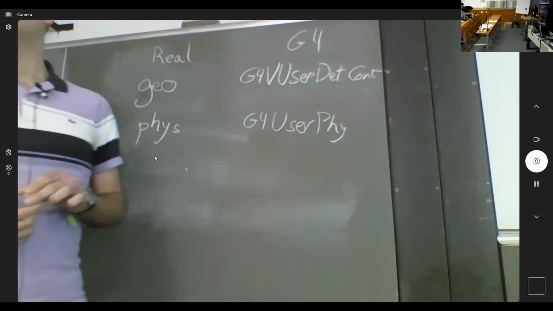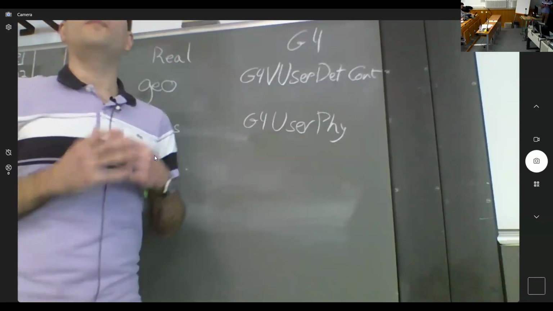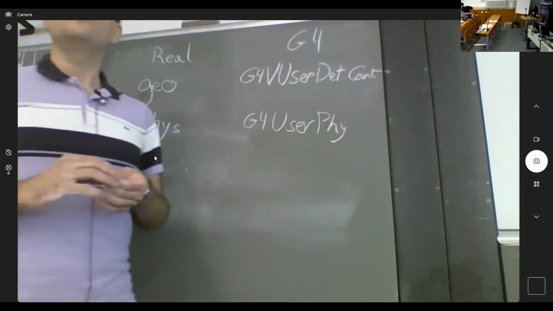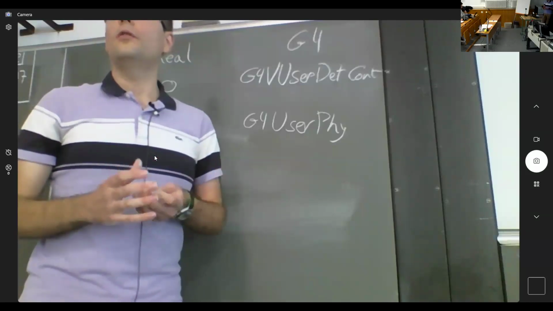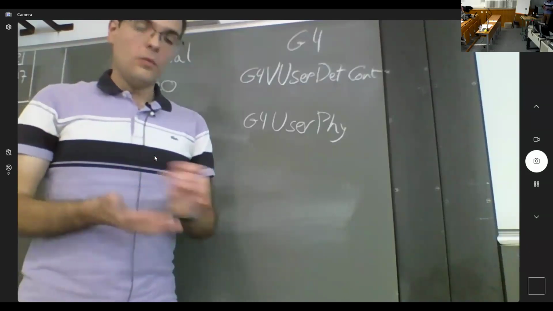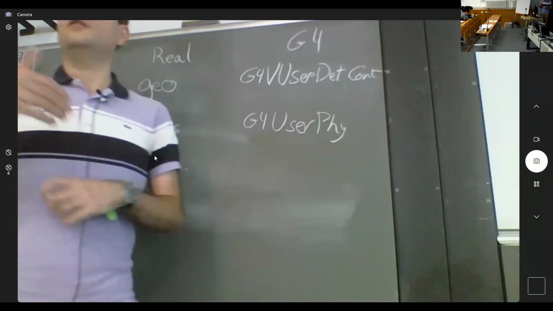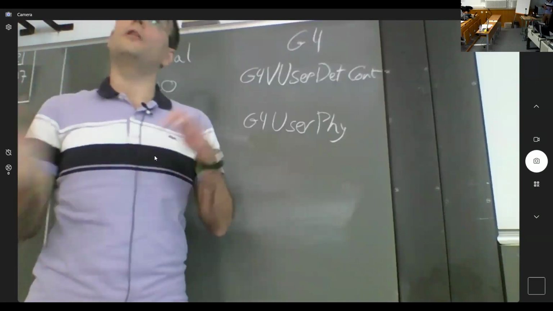The third component that is needed to run a simulation is what are the particles that will interact in our setup and that will define the event. Those are the so-called primary particles. As I said at the very beginning, Geant4 is not a primary particle generator. In high energy physics, there are dedicated programs for that.